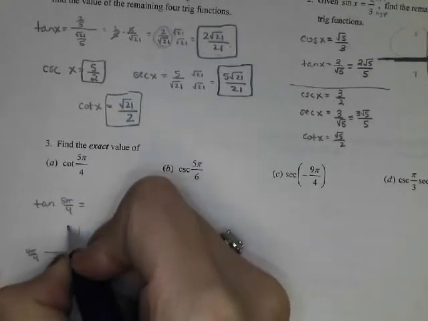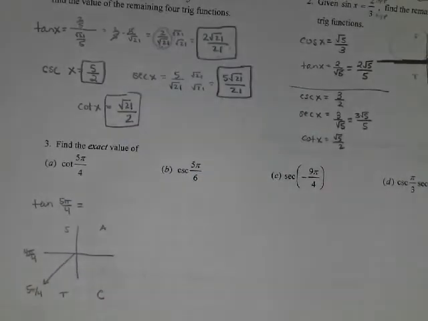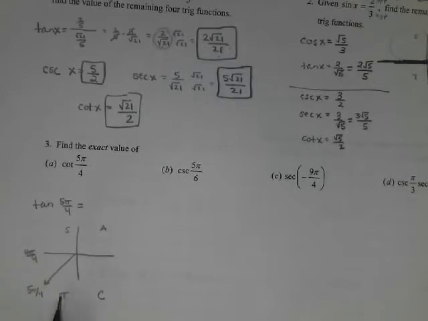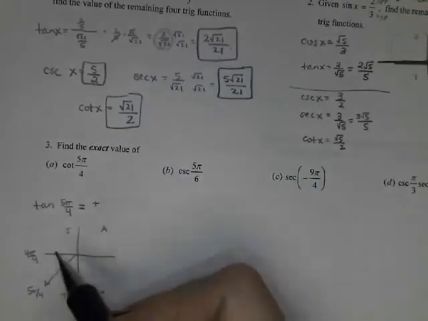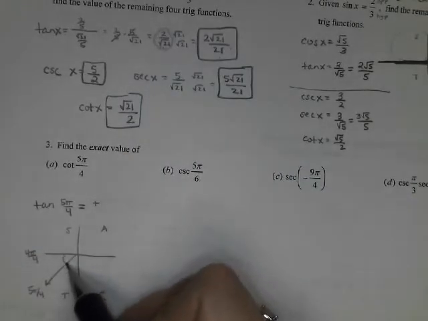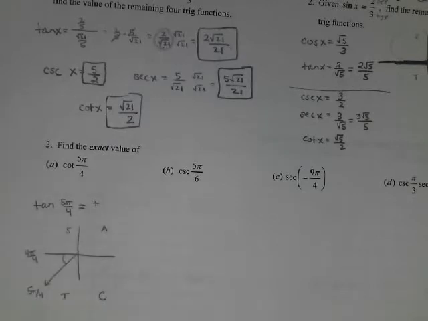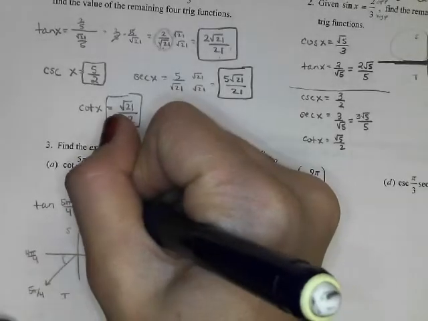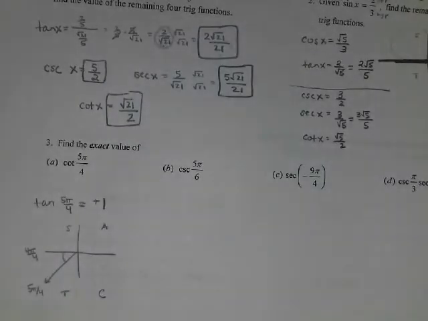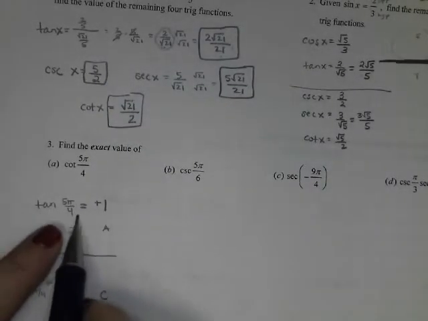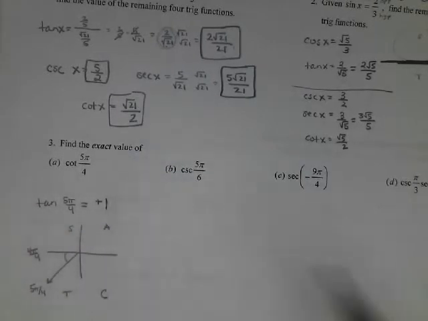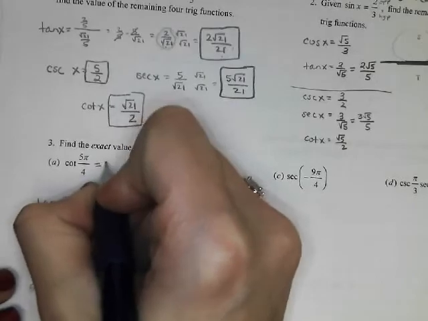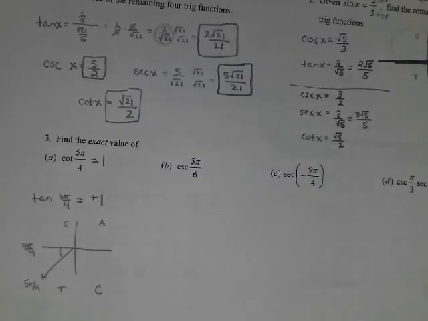So number one, all students take calculus, is that tangent value going to be positive or negative? Since it's in a T quadrant, it's going to be a positive number. The reference angle is pi over 4, and our tangent of pi over 4, you should have memorized, is 1. So if the tangent of 5 pi over 4 is 1, then the cotangent of 5 pi over 4 is the reciprocal of that. So if that's 1, the reciprocal of 1 is 1, and you're done.